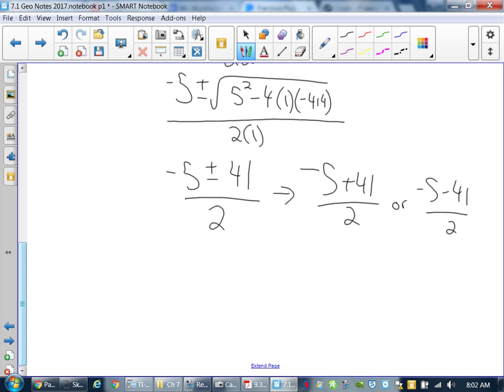Remember what we're looking for here, guys. We're looking for values of x that will create side lengths. If I use a value of x, negative 5 plus 41 is 36. What's half of 36? 18. So this one gives me 18. The other one, I get negative 5 minus 41, which is negative 46. Divide that by 2, you get negative 23.